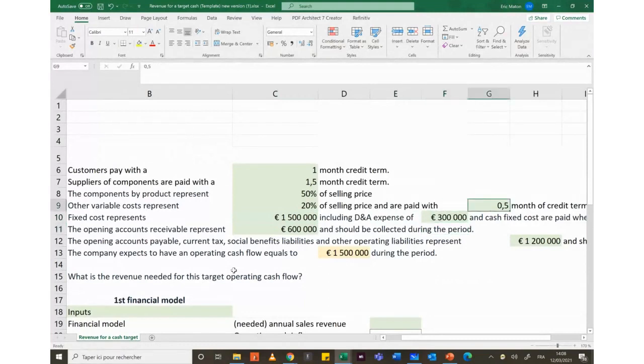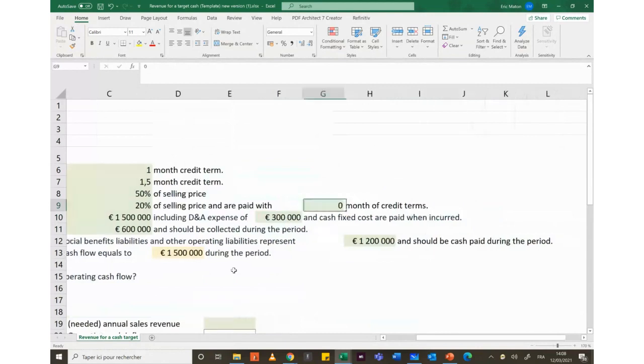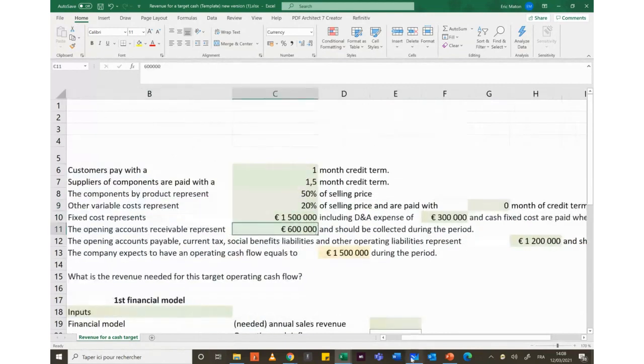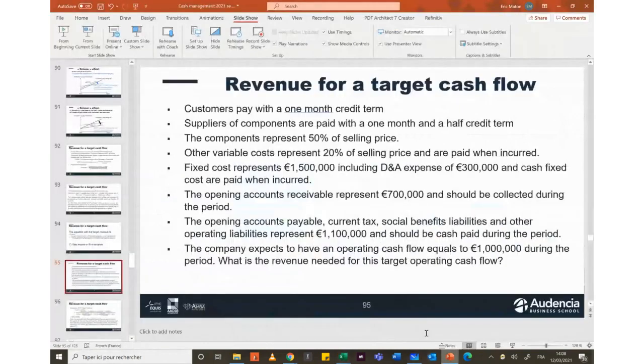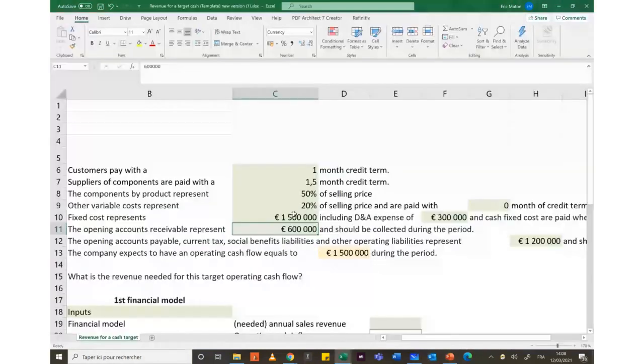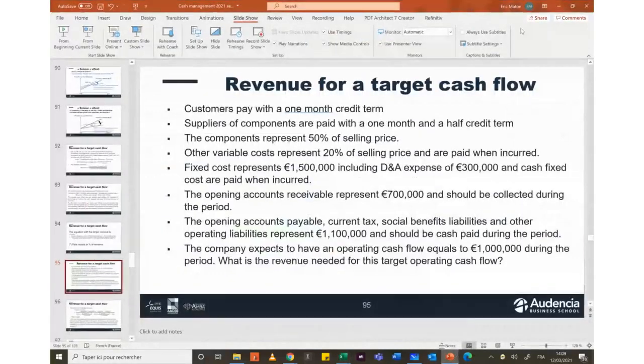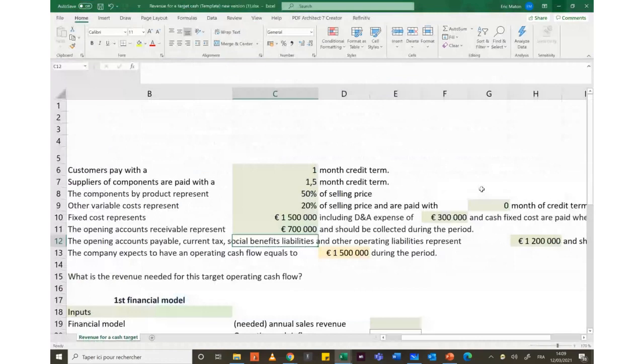And here we have 0 for the moment. It's paid when incurred, so we put 0 in this one. Opening accounts receivable, we said it's 700,000, so we put 700,000. And 1.1 for the opening liabilities.